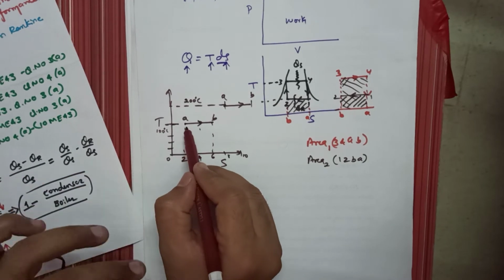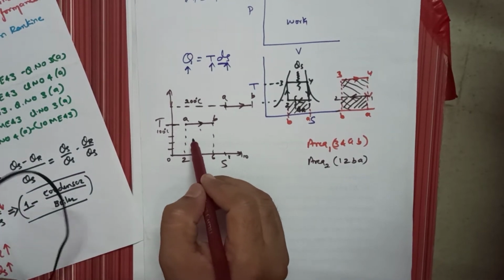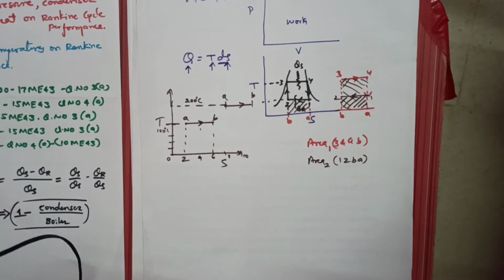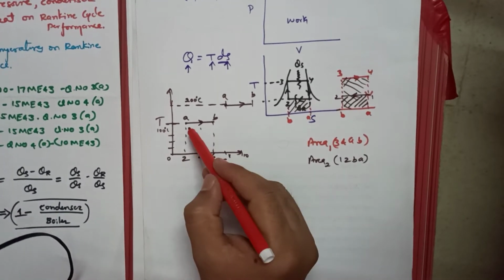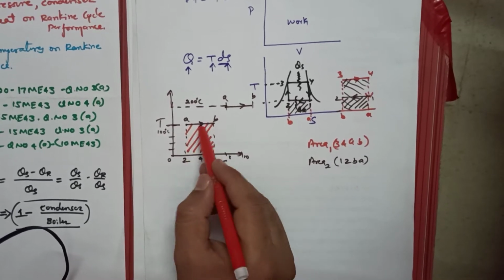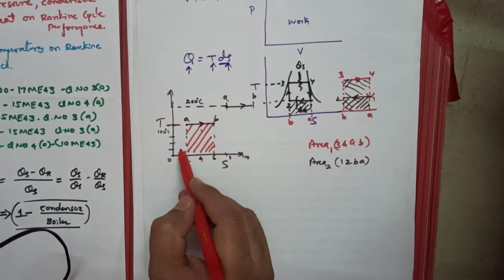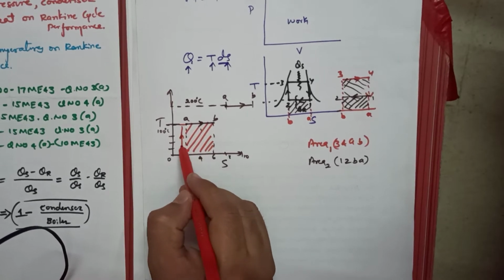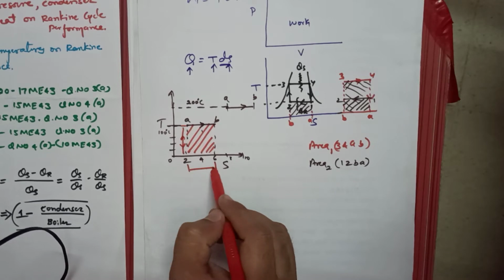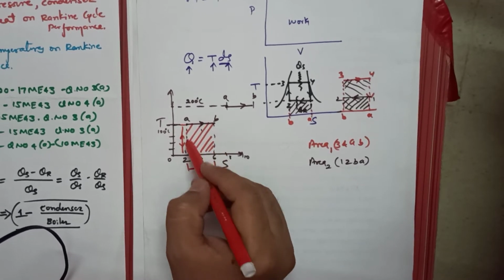Now if I ask you to calculate the area below this A to B, how will you calculate it? Below the curve A to B, this looks like a square or rectangle. So height multiplied by width. So 6 minus 2, that is 4, and height is 100 degrees Celsius.